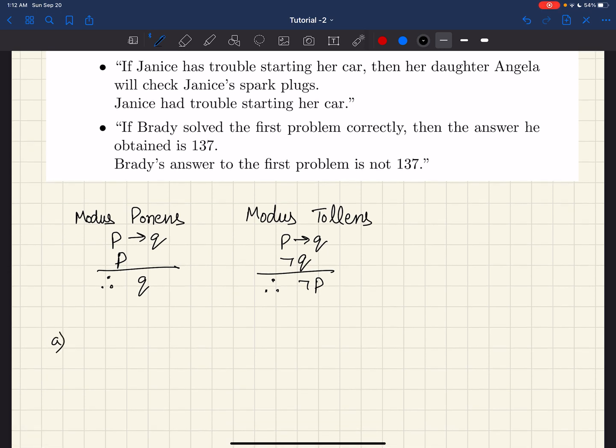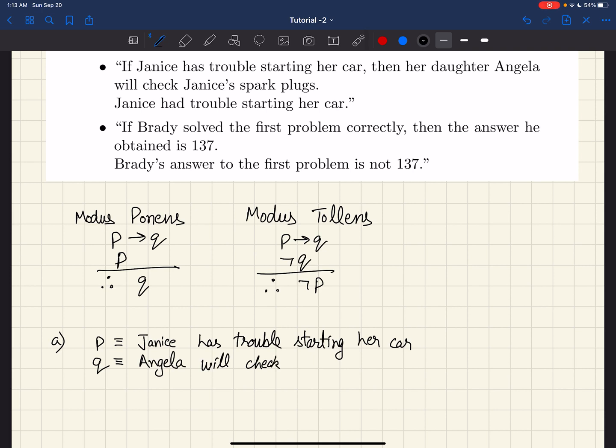So for the first part, let's say P is Janice has trouble starting her car, and Q is Angela will check spark plugs.